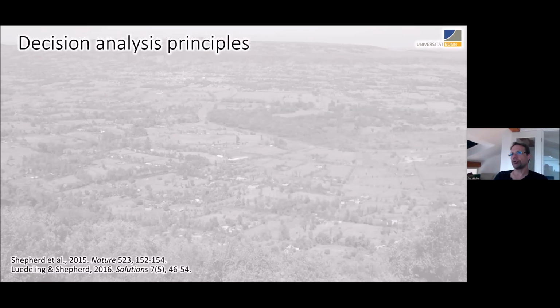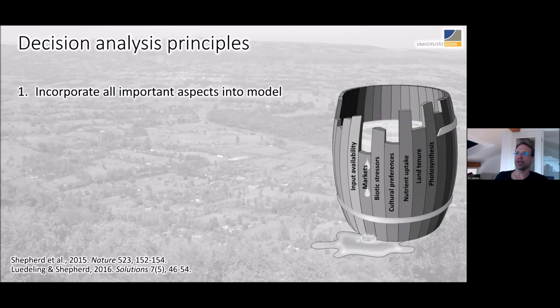So we have certain principles that we usually follow in our work that guide this. The most important, when you think about emulating a decision-making process, is to incorporate into the model all the important aspects that matter to a decision.